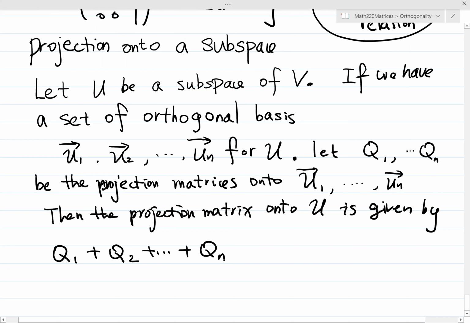It's orthogonal. Now be careful. Here we need to make sure the basis vectors should be orthogonal.